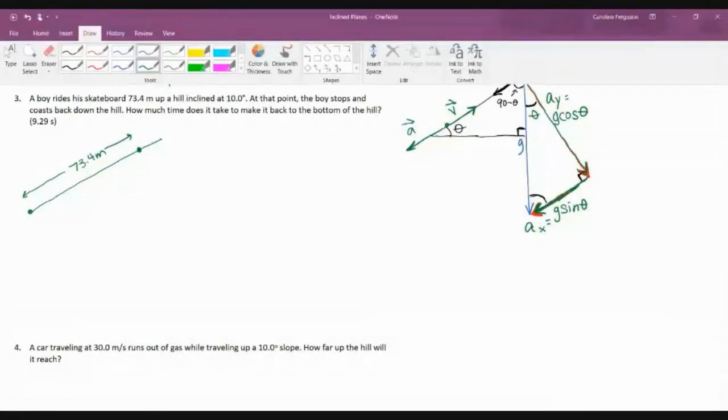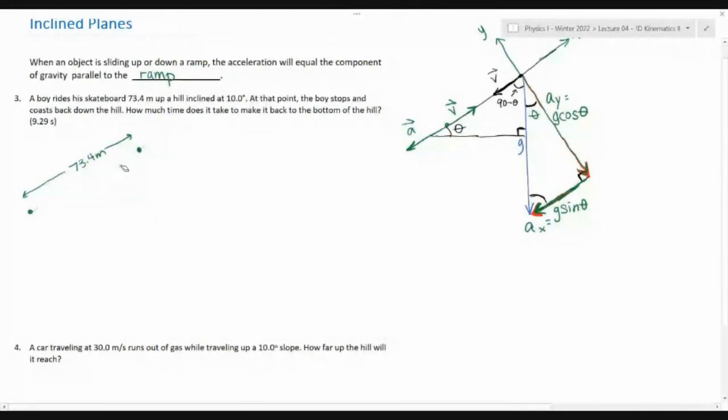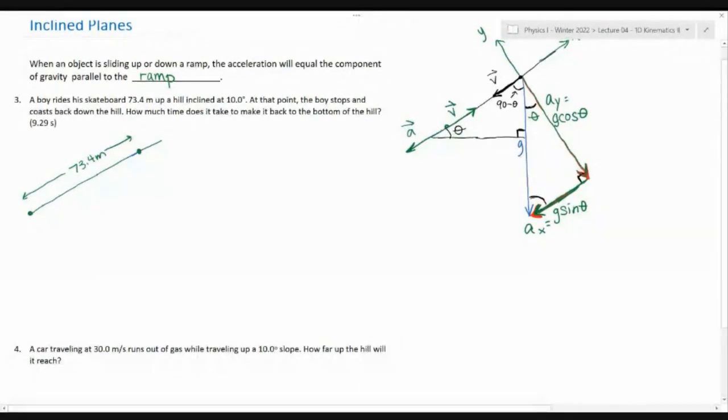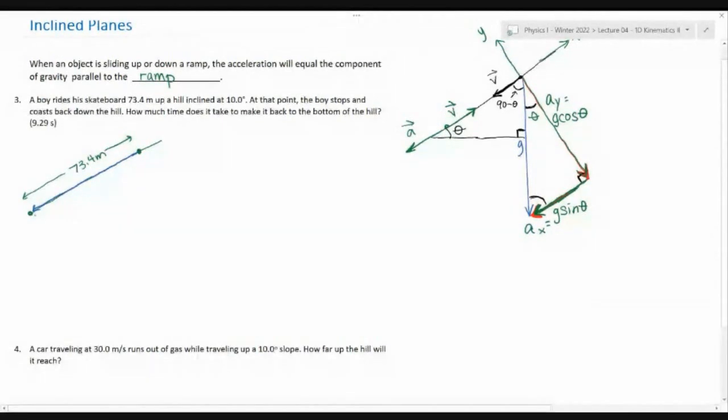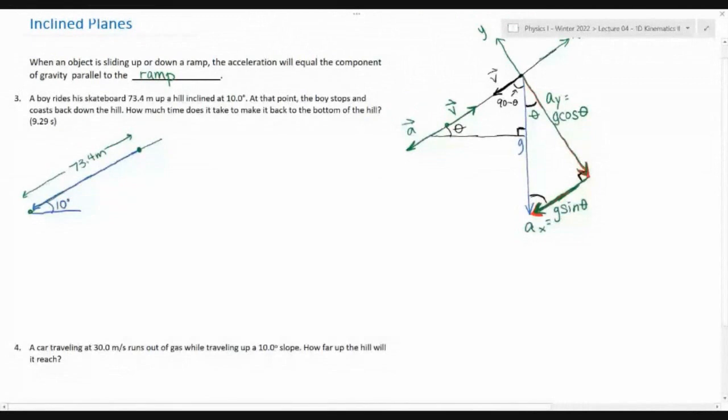So now the boy is going down the ramp this way. That's the direction he's moving. And the ramp is at a 10-degree angle, which always means to the horizontal. How much time does it take for him to make it back to the bottom of the ramp?